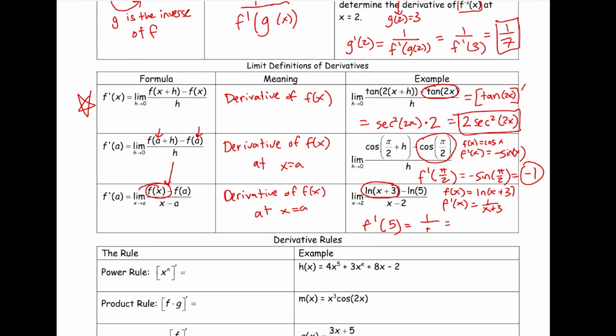I'm sorry, y'all. a here is 2. You can definitely be tempted to think that a is 5 here, but really a is 2, because our function is natural log of x plus 3, and 2 plus 3 is 5. I can get tripped up on these sometimes too. So we've got 2 plus 3, so that's going to be 1/5.